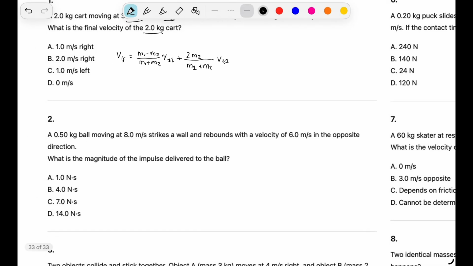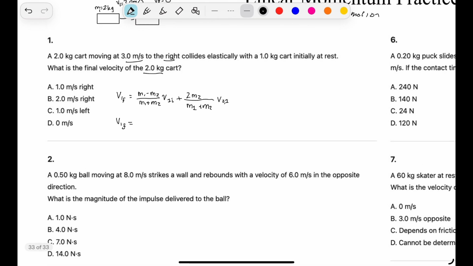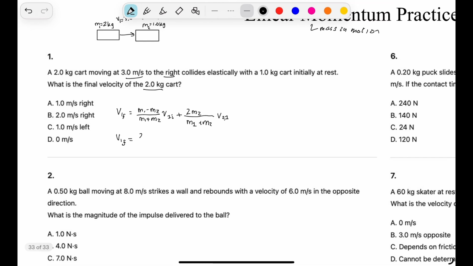Now you just plug in your values. So M1 is 2 kilograms, M2 is 1 kilogram, divided by their combined mass. Then you multiply it by their initial speed, 3, and then you add it to 2 times the second mass, which is 1, divided by the combined mass again, times the second object speed, which is our object at rest.